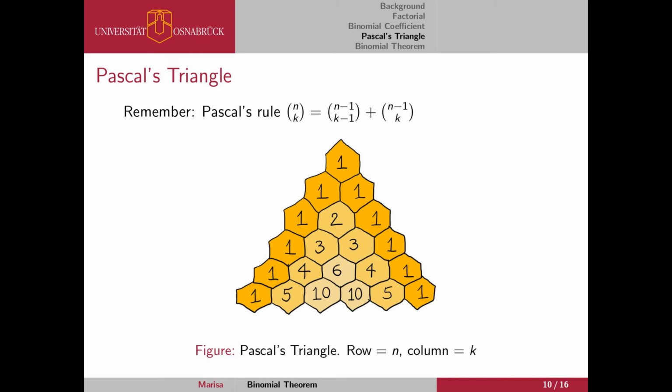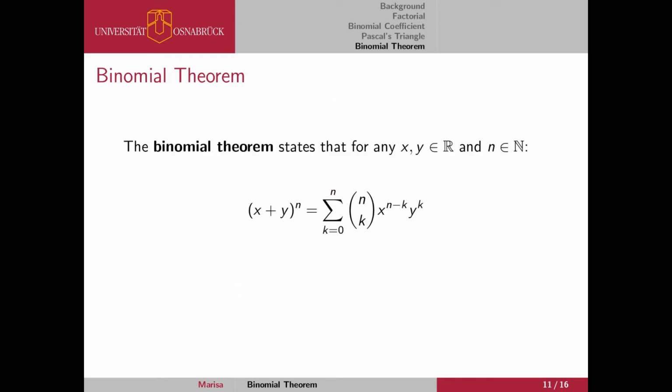Now we are already prepared with all the background information and definitions that we needed. We are ready to dive into the binomial theorem now. The binomial theorem states that for any real numbers x and y and any natural number n, the following equation holds. (x plus y) to the power of n equals the sum from k equals 0 to n of n over k times x to the power of n minus k times y to the power of k.